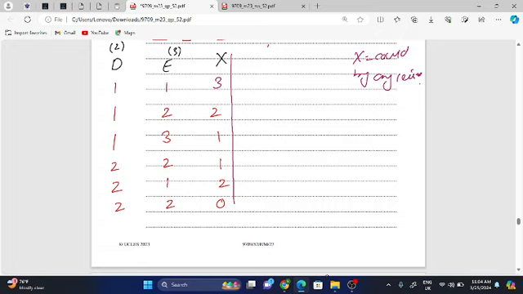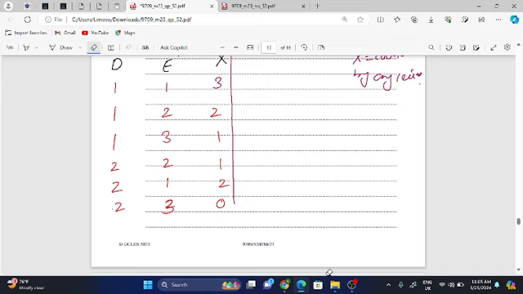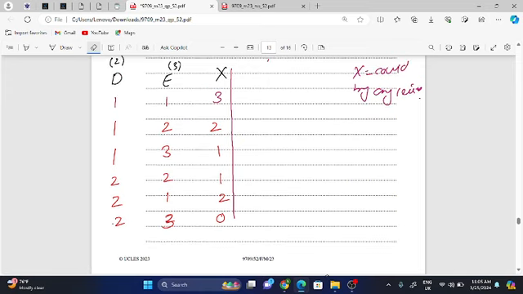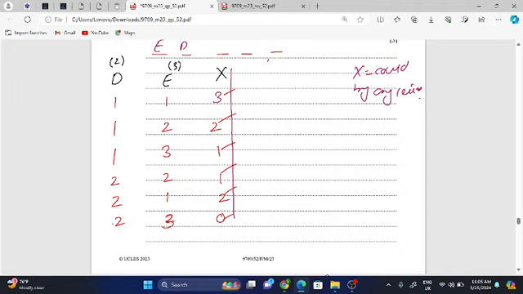Then 2, 2 and you can take 3 E's because that combination is already covered over here. So 2 D's, 3 E's and 0 X. So 5 letters come over here. So the total combinations that I can create: 1, 2, 3, 4, 5, 6. 6 combinations are possible.